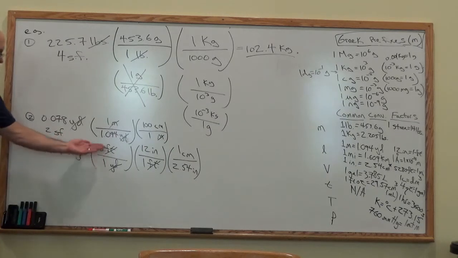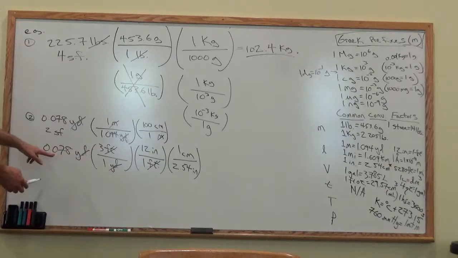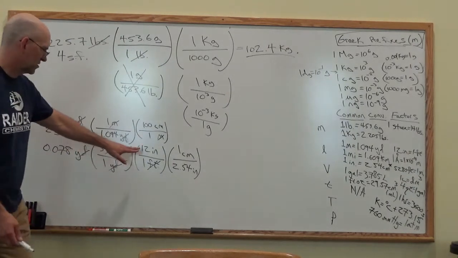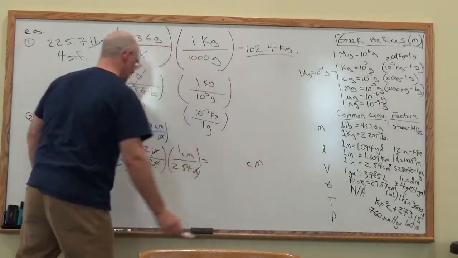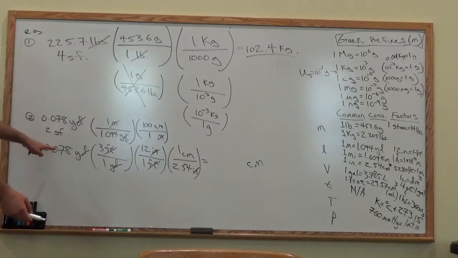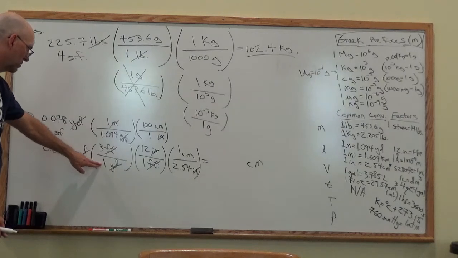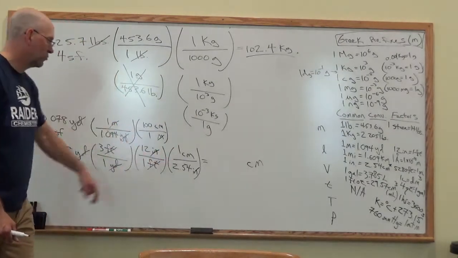So yards into feet, feet into inches, inches into centimeters, and hopefully I set that up right. So yards cancel, feet cancel, inches cancel, we're left with centimeters. And did I do the relationships right? 3 feet in a yard, that's right. 12 inches in a foot, and 1 centimeter is 2.5 inches.